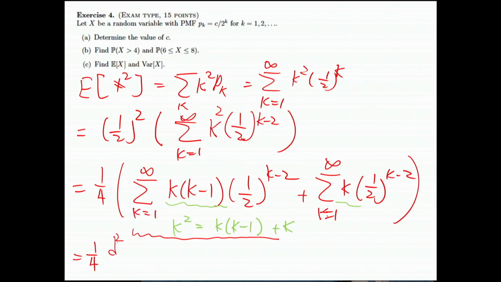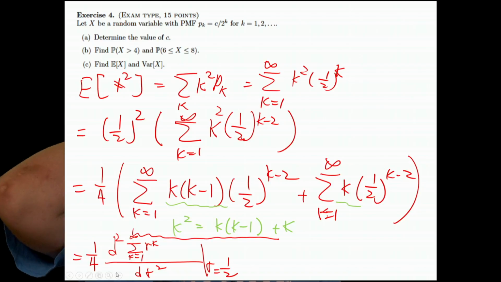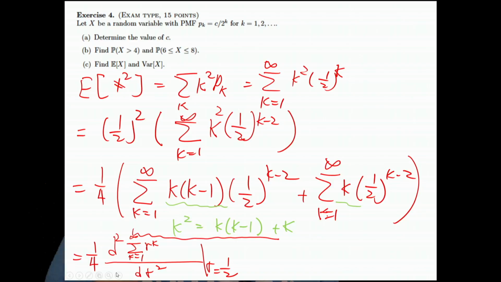We take the second derivative of the summation from k equals 1 to infinity of the ratio to the k, and the ratio is 1 over 2. From homework 1, you will see how and why it is, then we need to take the second derivatives.